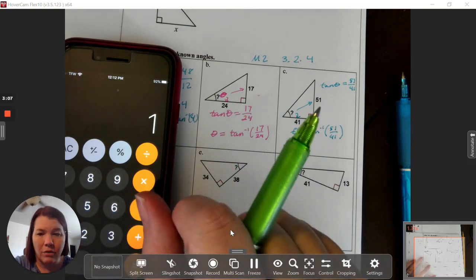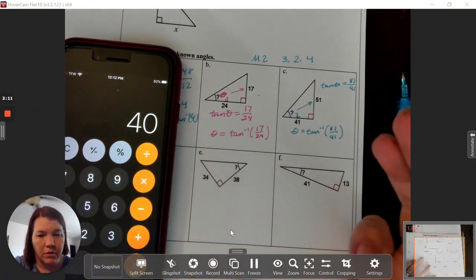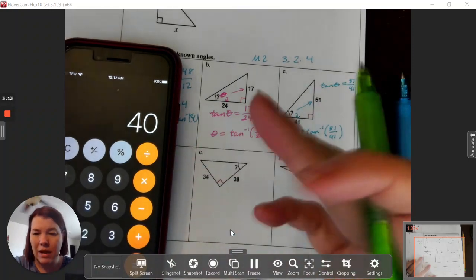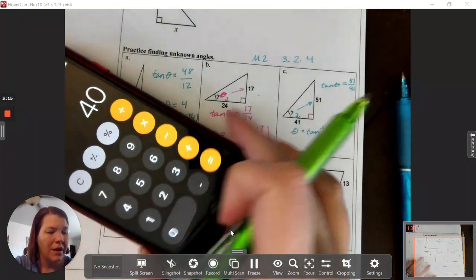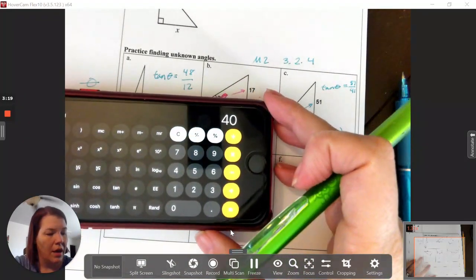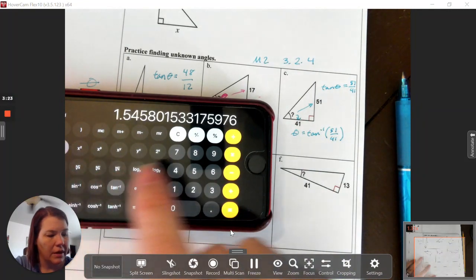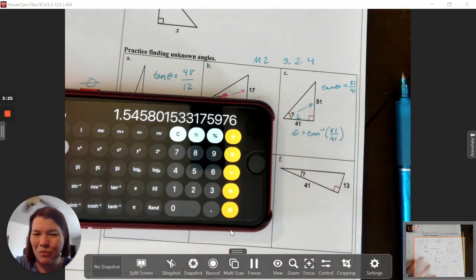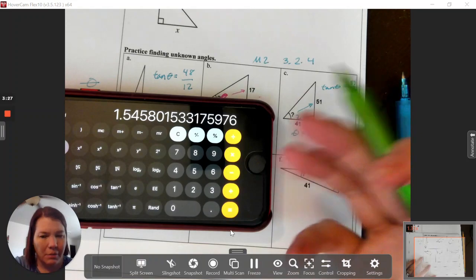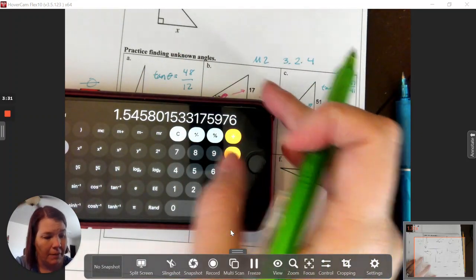If I want to do 8 times 5, no problem, but if I try to do anything more complicated than basic stuff, it makes it much harder to use. So I'm not going to do that.